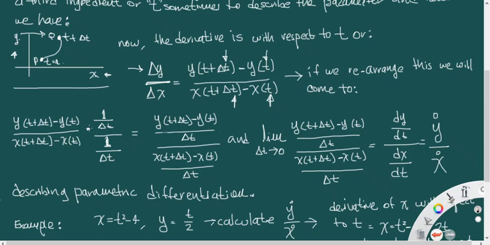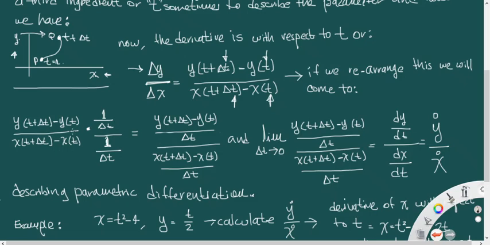And if we multiply that by 1 over delta t divided by 1 over delta t, mathematically this is not affecting the expression, because I am multiplying and dividing by the same amount. This is just to rearrange the expression.